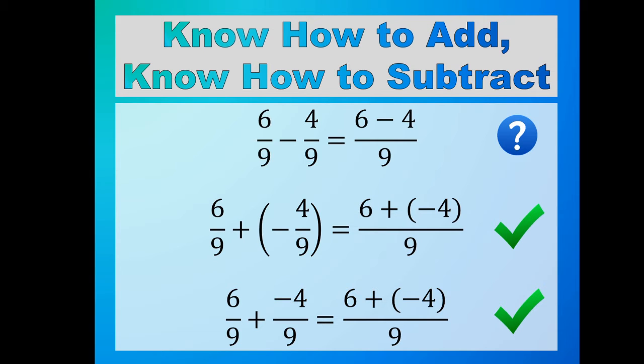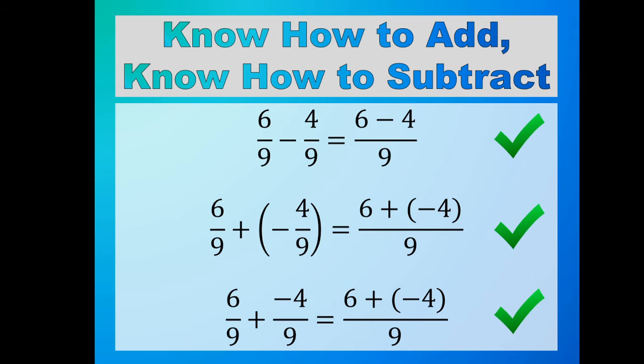And so we know the second line is true and that the first line is true. So we do know that 6 ninths minus 4 ninths is equal to (6 minus 4) over 9. For any fractions with the same denominators, except for when you have a denominator of 0, you could follow this exact same pattern.